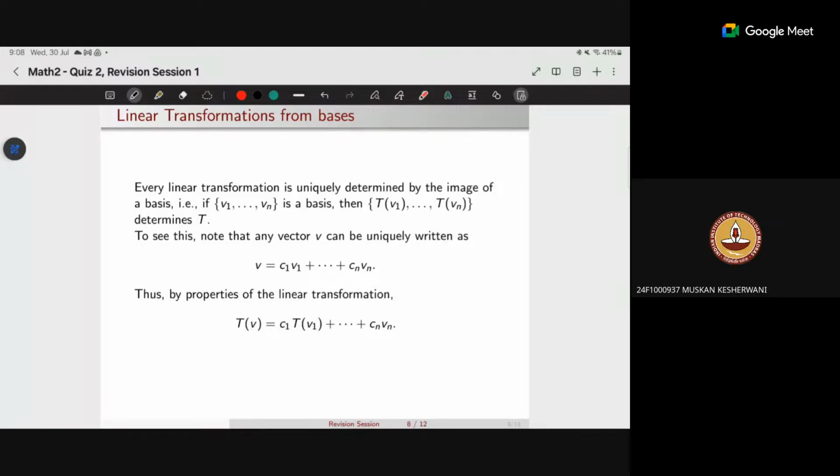A quick outline as to why that happens: any vector can be written uniquely as a linear combination of basis vectors. And then if I apply T on both sides, due to the linearity properties, the plus gets distributed, the scalars come out, all of that happens. Here there needs to be a T of.